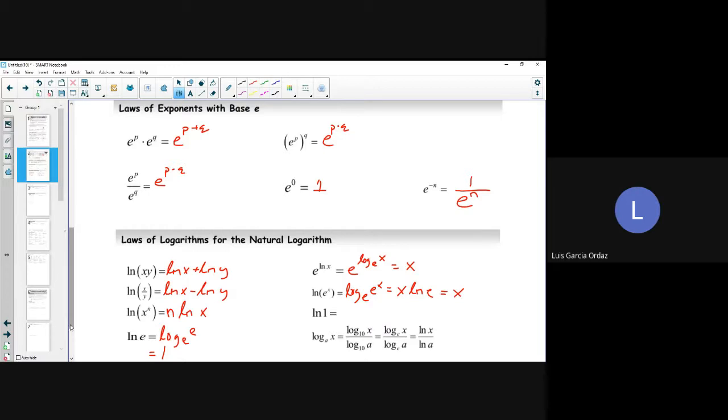And ln of 1 gives me 0. And then our last law, we have log base a of x is equal to log base 10 of x over log base 10 of a, which is equal to log base e of x over log base e of a, which is equal to ln of x over ln of a. So this is called the change of base identity.